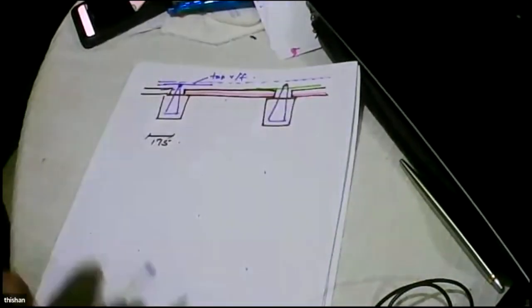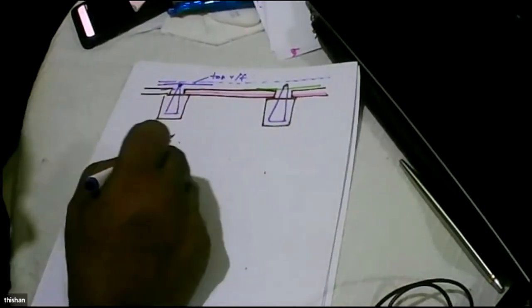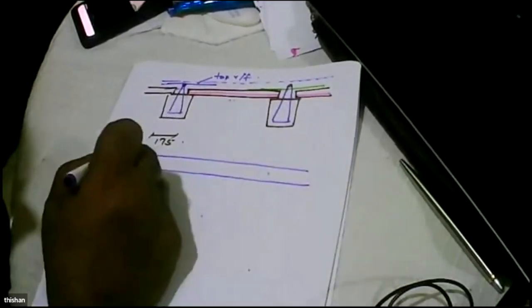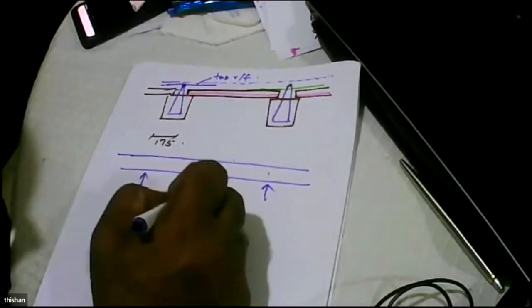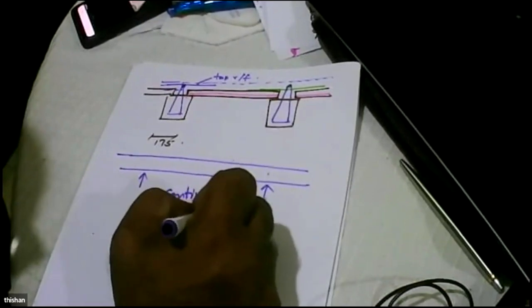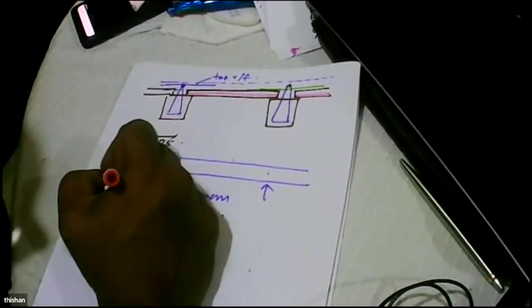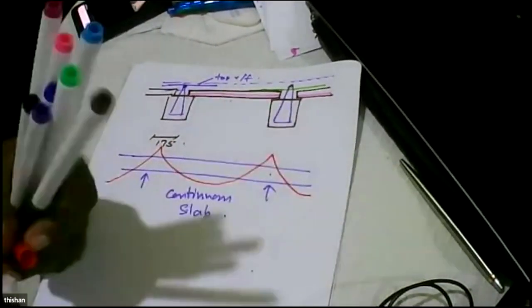So the moment you provide top reinforcement, what will happen to the precast slab? It will behave as a continuous slab. So the shape of the bending moment diagram would be, for live loads, like that.